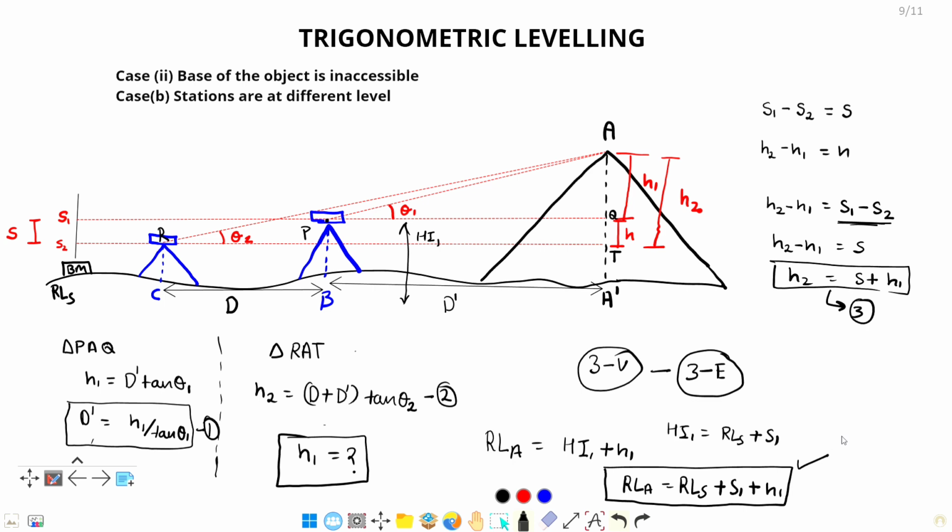In case of inaccessible base, you need two station positions, and between those two station positions you measure the linear distance d and angular measurements theta 1 and theta 2, and by making up the equations you remove the variables, get the required variable and calculate the RL of point A. So this is all for this lecture on trigonometrical leveling. It is a very easy topic.